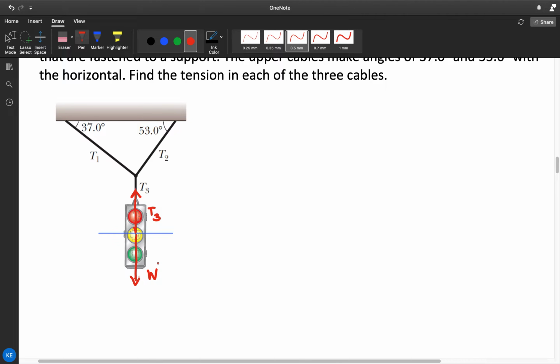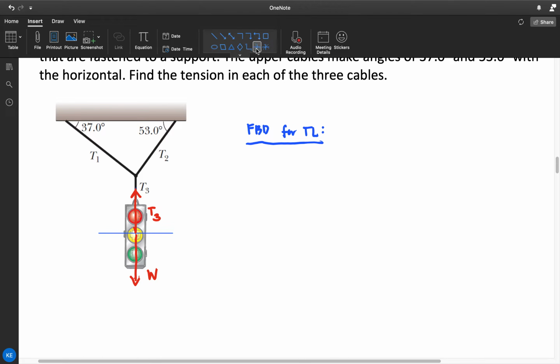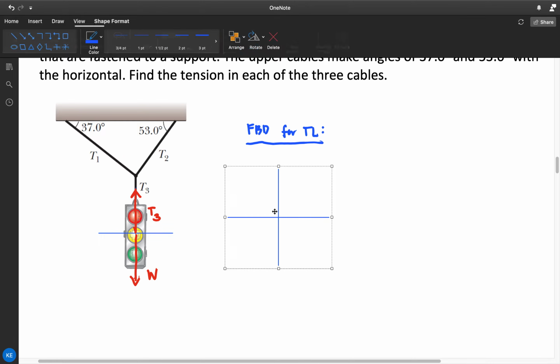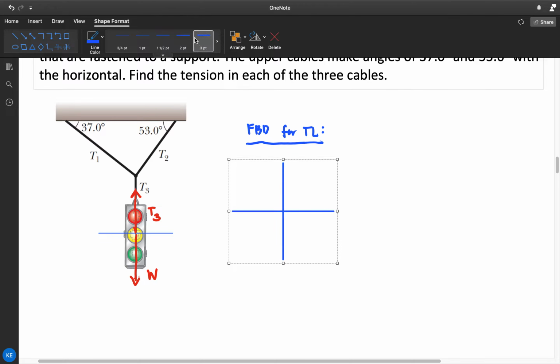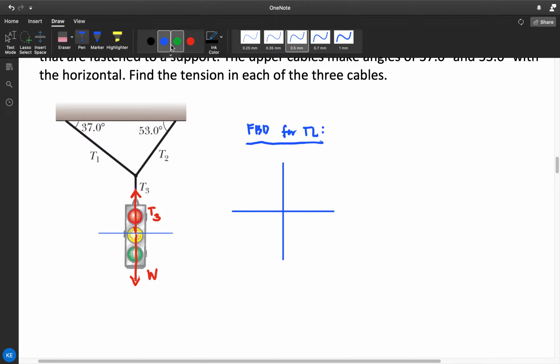Okay, so here, if we're going to transfer that, the FBD for the traffic light is simply this. I'll have to put some labels. This will be my positive x-axis here, and then here you'll have the positive y-axis.